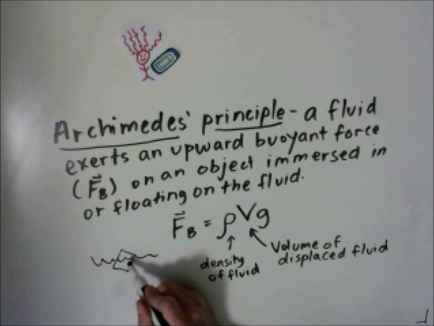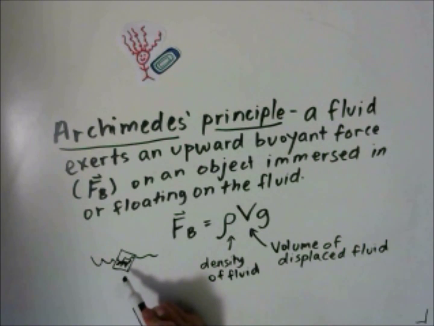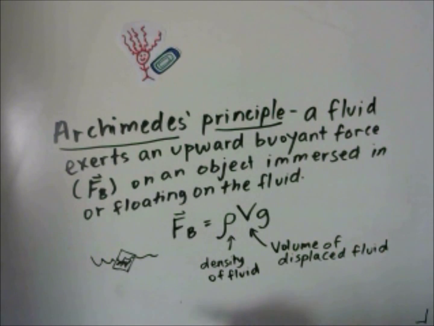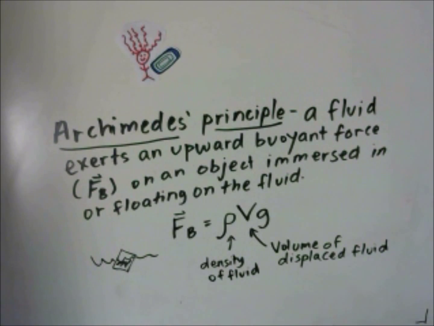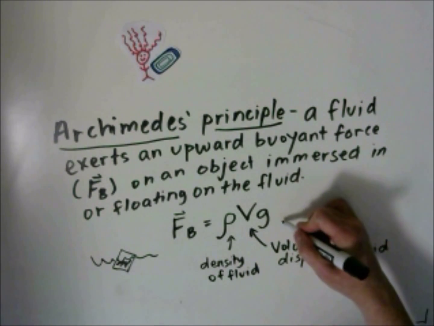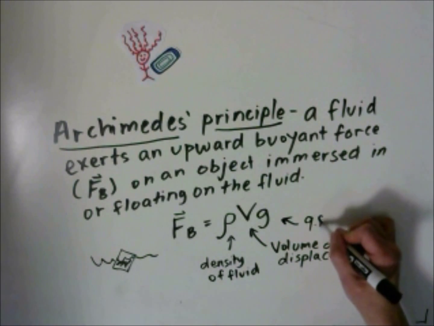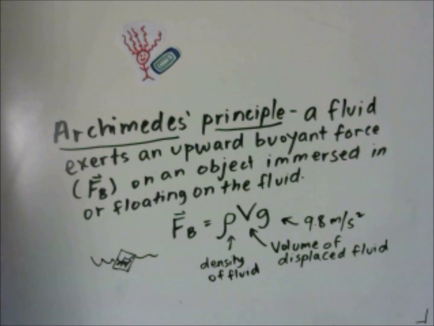So this volume that's under the fluid is the volume that we're going to put into this equation, because that's the only part that applies a buoyant force. There's no buoyant force applied by the volume of the object that's outside of the water. So the volume is the volume of the displaced fluid, and then g is gravity, 9.8 meters per second squared. That's the buoyant force on any object.